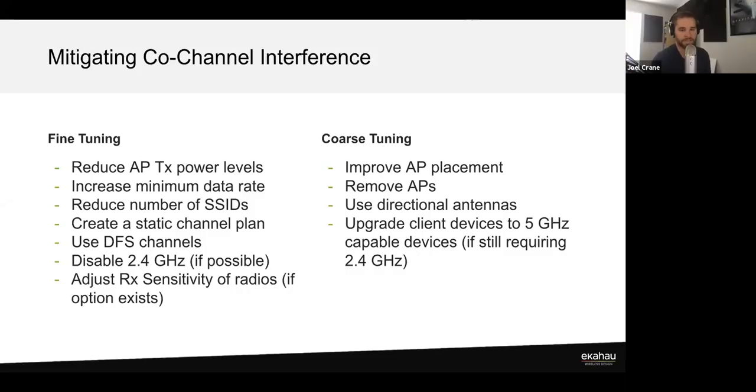Just to make sure that everybody's on the same page as to what a hidden node problem is: when clients arbitrate for airtime, when they roll the dice and figure out who is going to talk, when a device gains access to the medium and starts transmitting, they will tell everyone else on the channel to set a NAV timer.